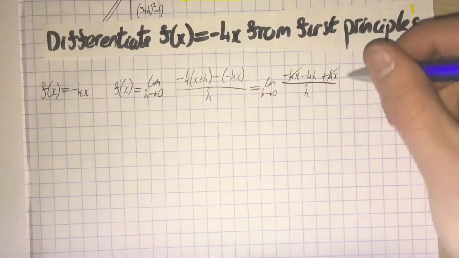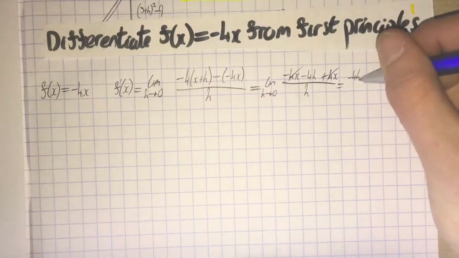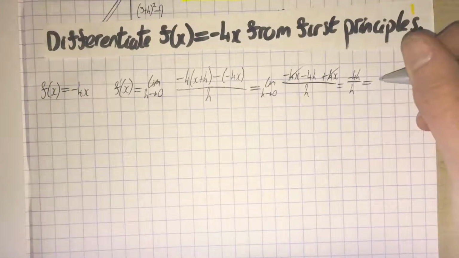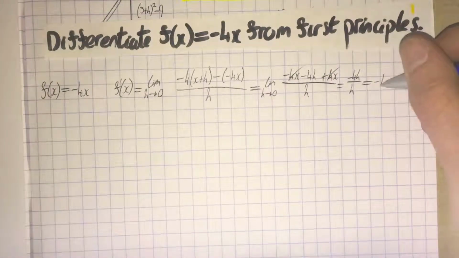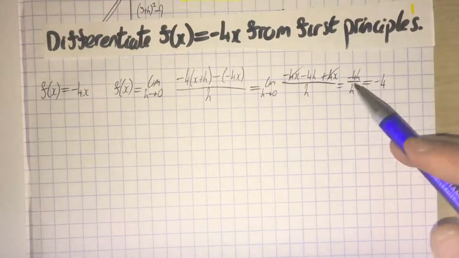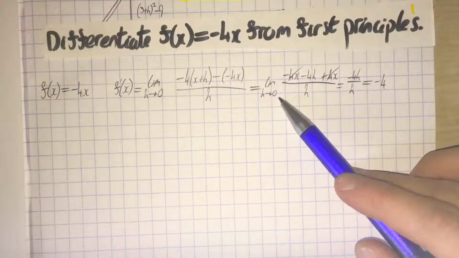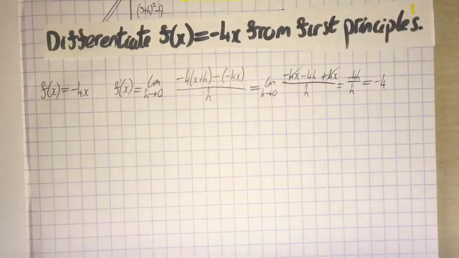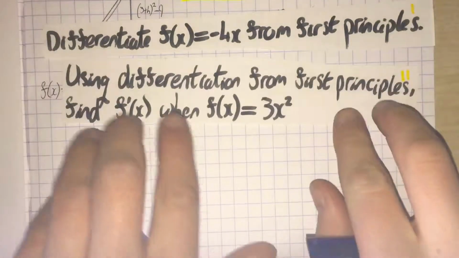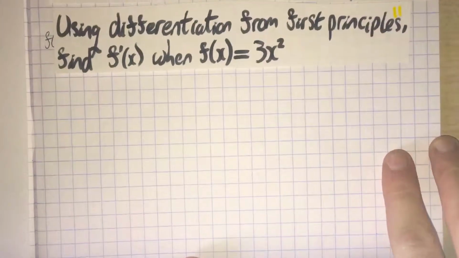Those will cancel off, giving us minus 4h over h, which of course equals minus 4. So we needn't worry about the limits this time. But in future examples, and I feel like this may come in the next one, you may need to think about it.